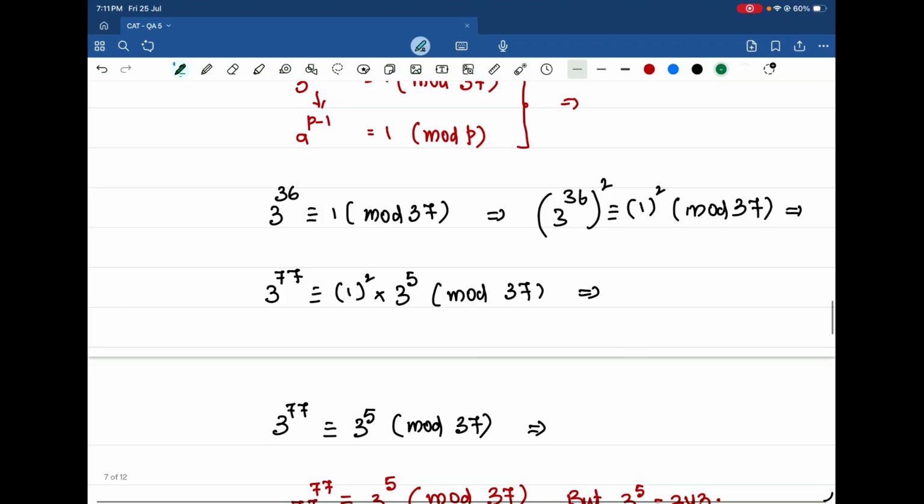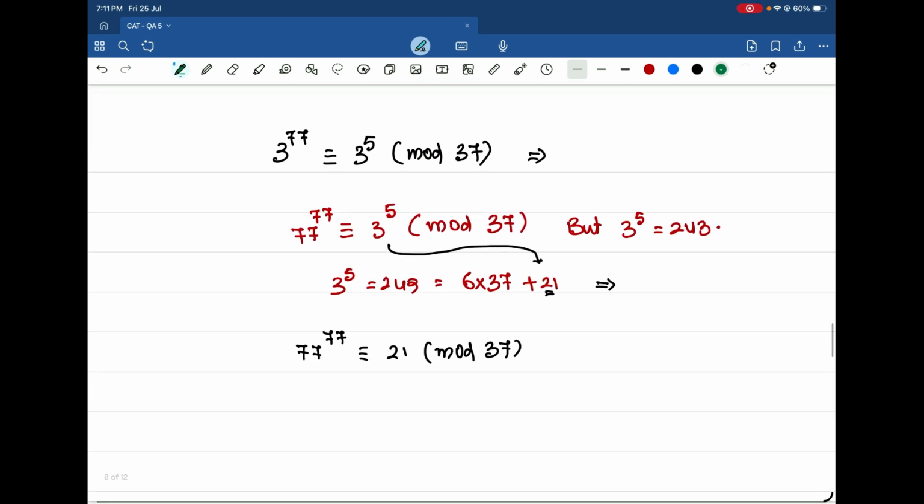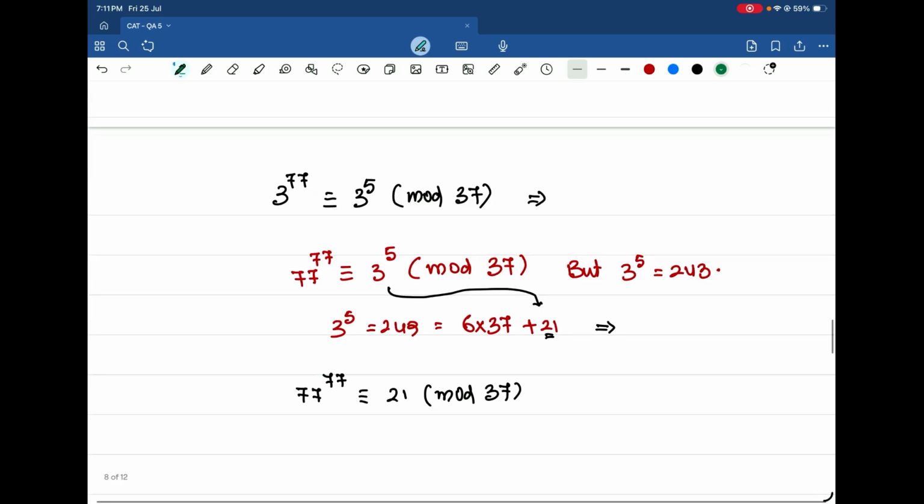Now 3 to the power of 77 is equal to 1 square into 3 to the power of 5 mod 37. 3 to the power of 5 is nothing but 243. 243 is equal to 6 into 37 plus 21 as the remainder. Hence 77 to the power of 77 is equal to 21.